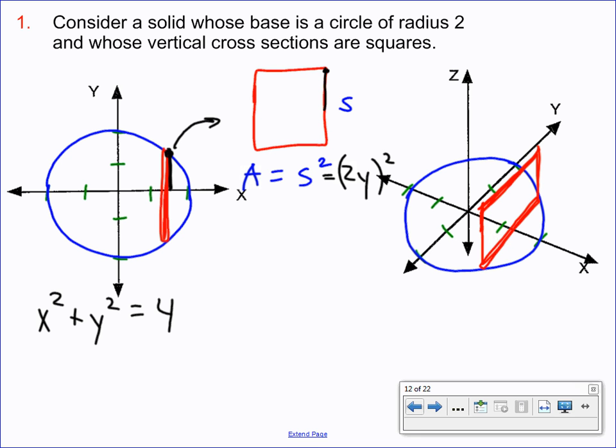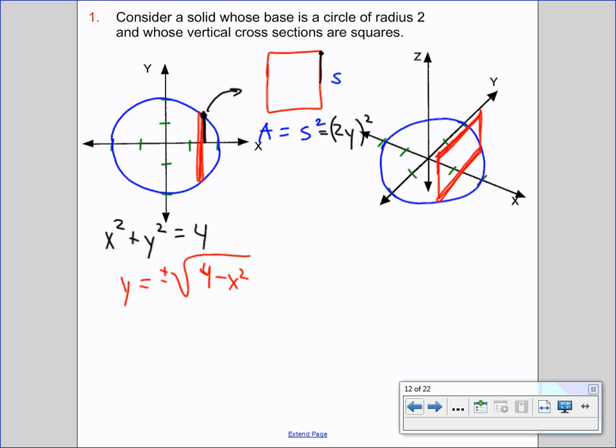All right, well, let's go ahead and solve this for y then. If I were to rearrange this, wouldn't I get y equals the positive and negative square root of 4 minus x squared? So we'll just take the positive one since we're going to double it like that. There we go. So we could take y equals the square root of 4 minus x squared.